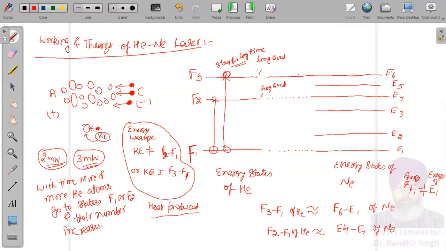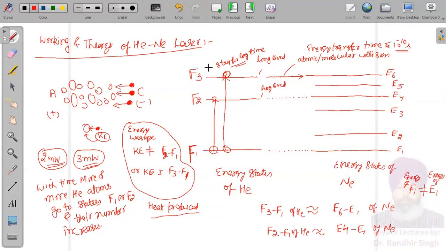This is a fundamental fact that whenever a collision takes place at the atomic or molecular level, the energy transfer time is less than or equal to 10 raised to power minus 10 second, most of the time. This is called atomic energy transfer time. So within this time the energy transfer will take place.